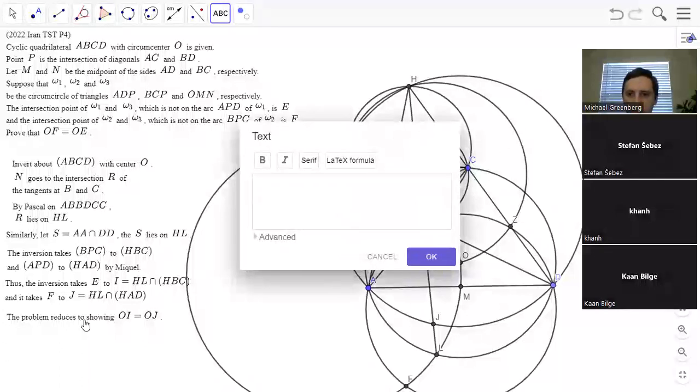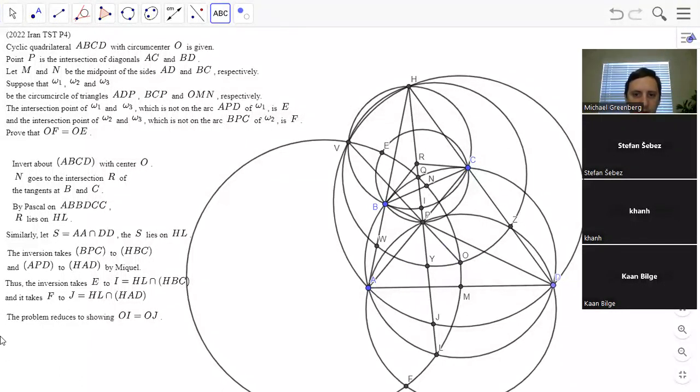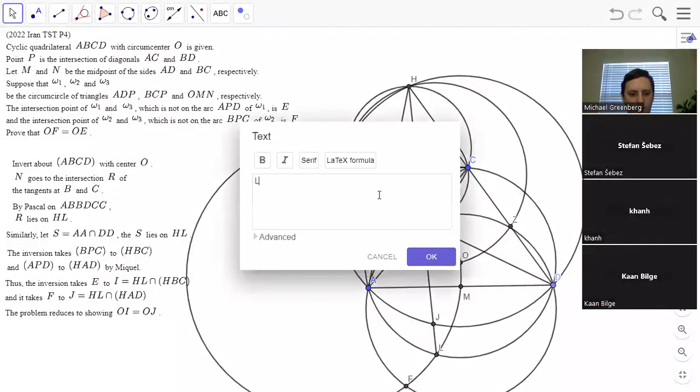And then we use, so let W and Z be the midpoints of AB and CD. Then WOZ is cyclic. I'll say by right angles.